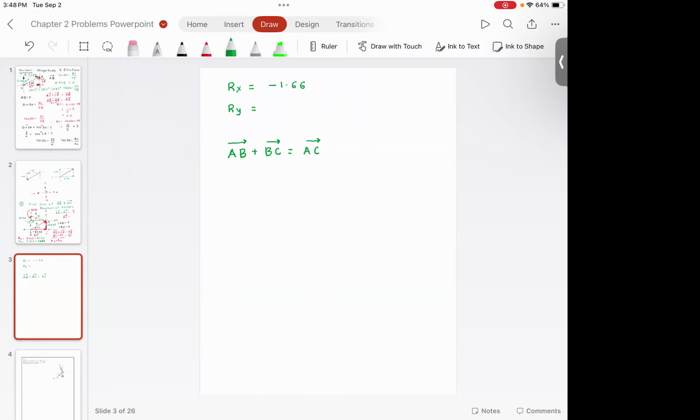Ry? 6.1. So please note, these are the magnitudes of Rx and Ry. So how do I add? Let me tell you what it means.